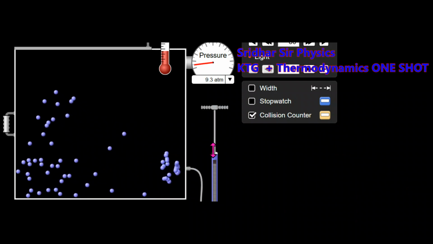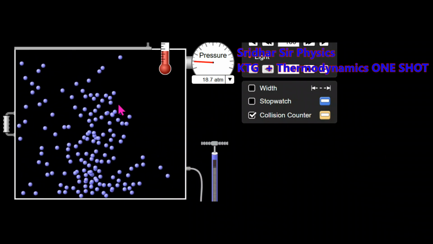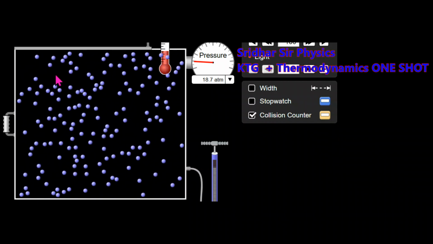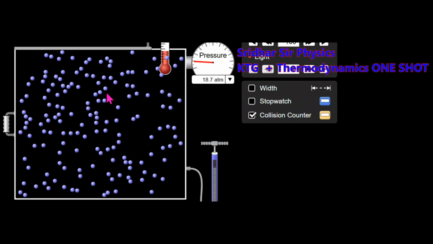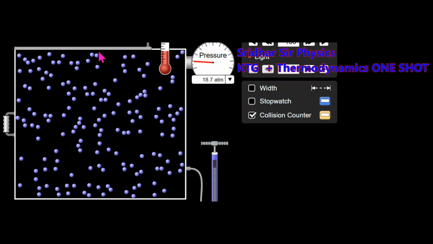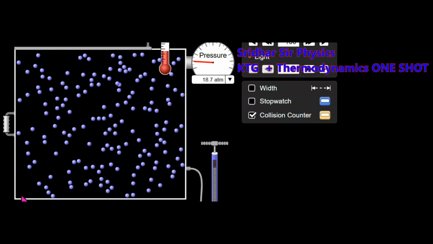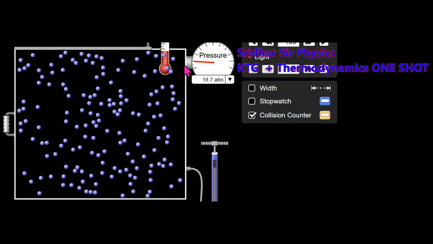Like this I can introduce n number of molecules. Now you can see these molecules collide with adjacent molecules and they'll be colliding with the wall. What is the wall? This particular thing is a wall. There's some vessel.